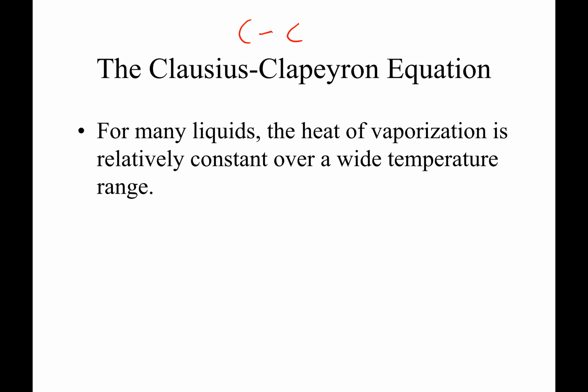All it looks at is this idea. If I were to tell you that the heat of vaporization keeps increasing, remember the heat of vaporization is going from a liquid to a gas, so it's getting harder and harder. What would you tell me with regard to the intermolecular bonds? They're getting stronger and stronger, because if heat of vaporization is increasing, that means it's harder to break the bonds.